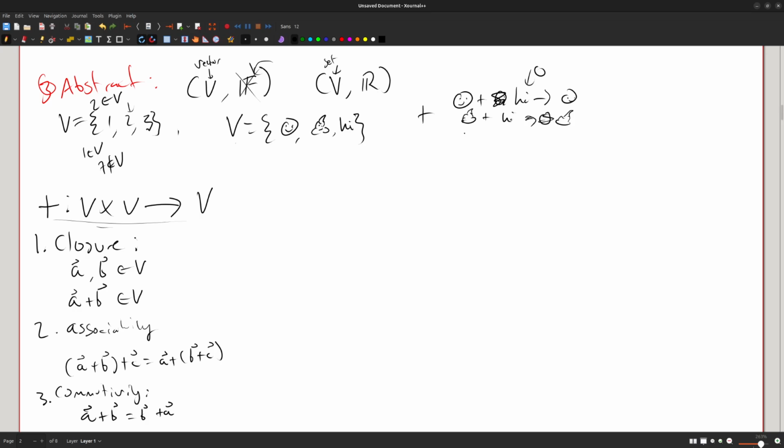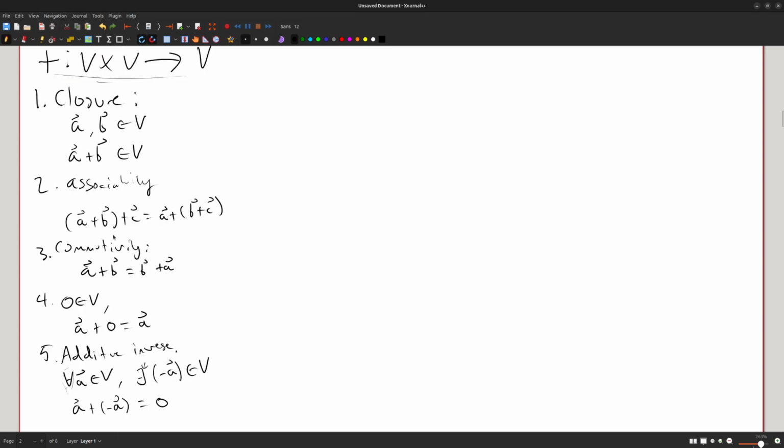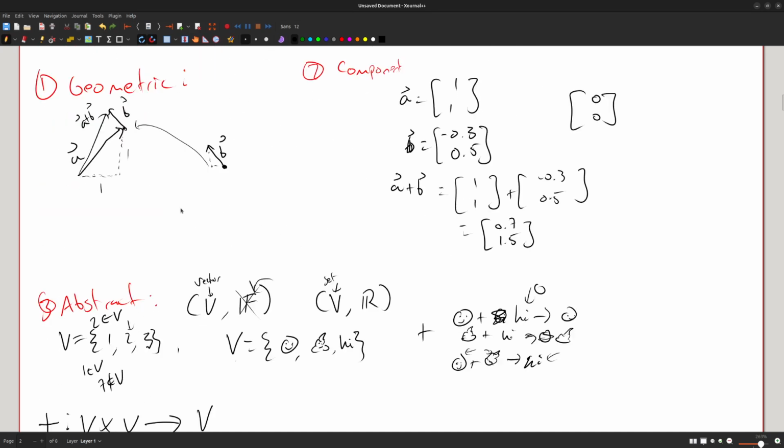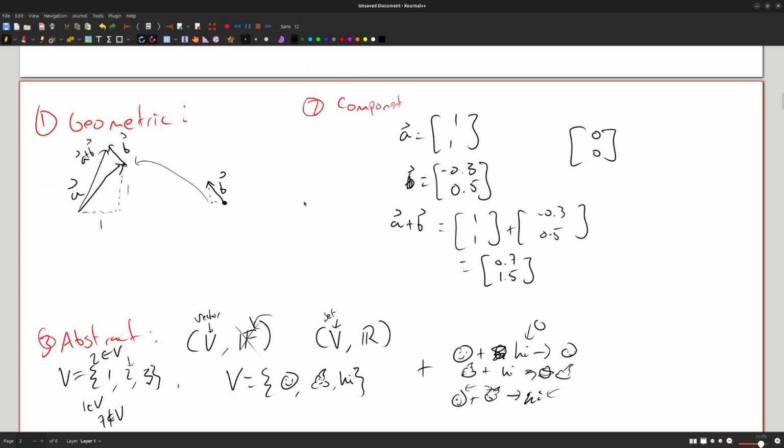And then you can also have, say, smiley plus poo goes to hi. So therefore, hi is your 0, and these are additive inverses of each other. So that satisfies the following rules. Now, so this tells us how to add vectors together, right?